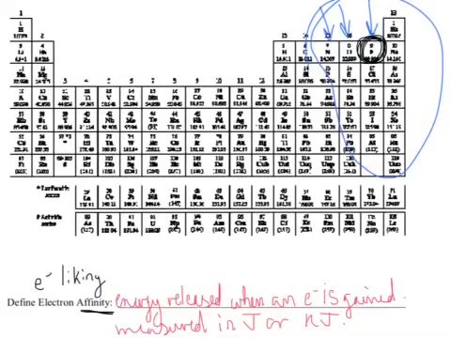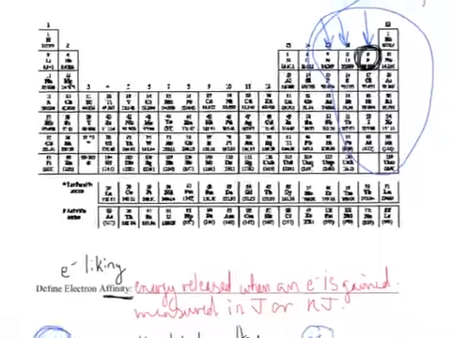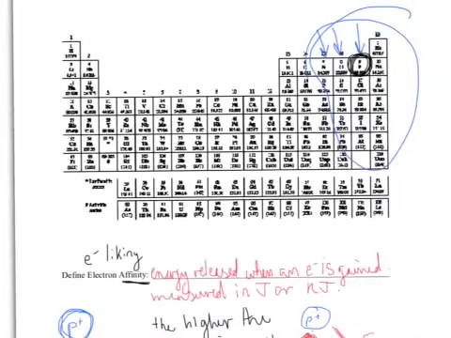I don't know if you remember from the day before, when we were talking about metals, francium is the most reactive metal. So this is the most reactive metal. This one is the most reactive nonmetal.